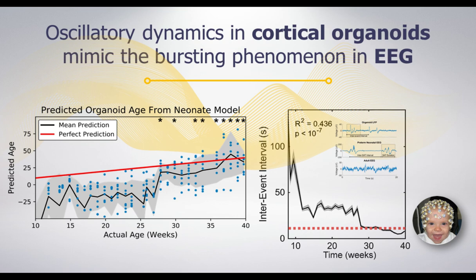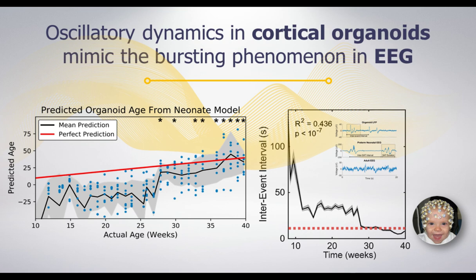And the graphic here represents the interval in our organoids. And by 40 weeks, it matches this red line here. That is something similar to a healthy postnatal human brain. So our organoids by 40 weeks match some EEG features found in the postnatal human brain, which is very exciting to us.